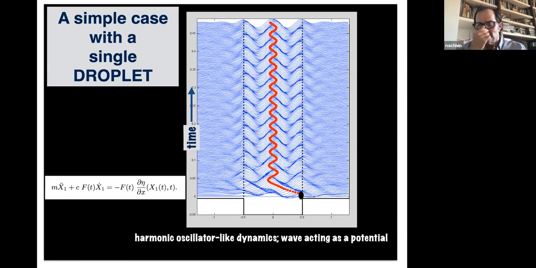So the first thing to note that's interesting is that look at the equation here for the droplet, for one droplet. We can now think, if this rings a bell of a harmonic oscillator, we see that the wave, eta, is playing the role of the potential, right, of a harmonic oscillator. But now the complication is that the potential varies in time, and the potential is not predetermined.